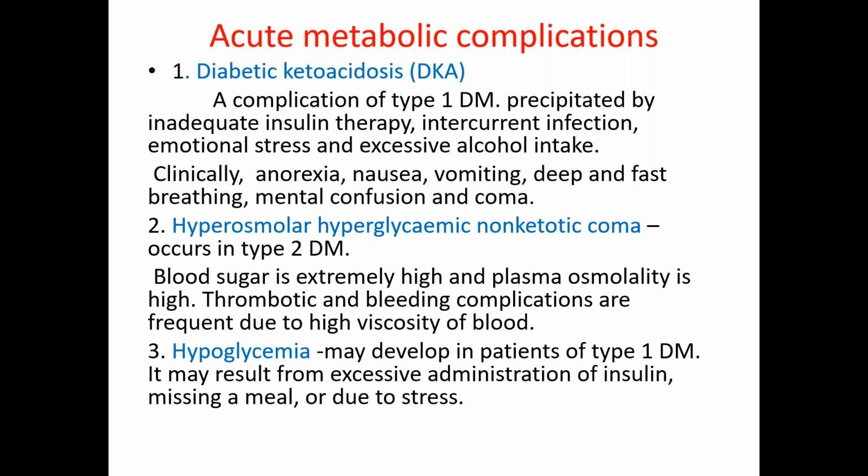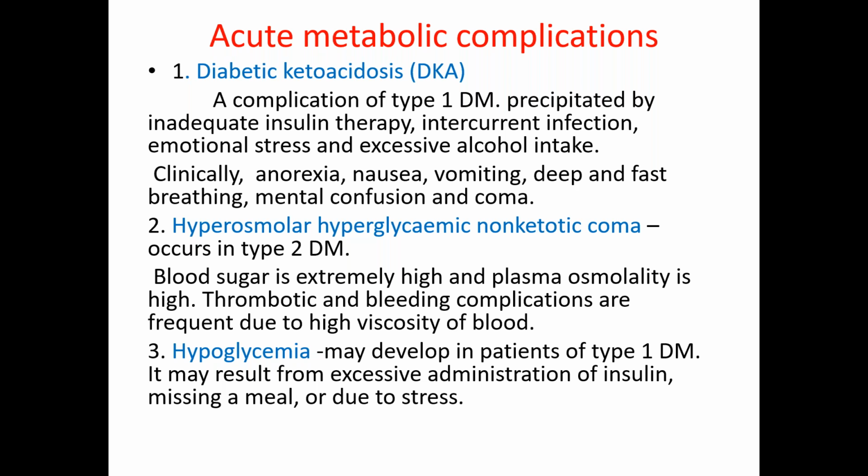Another type of complication, hyperosmolar hyperglycemic non-ketotic coma, occurs in type 2 diabetes. Blood sugar is extremely high and plasma osmolality is high. So the patient is dehydrated and blood viscosity increases.